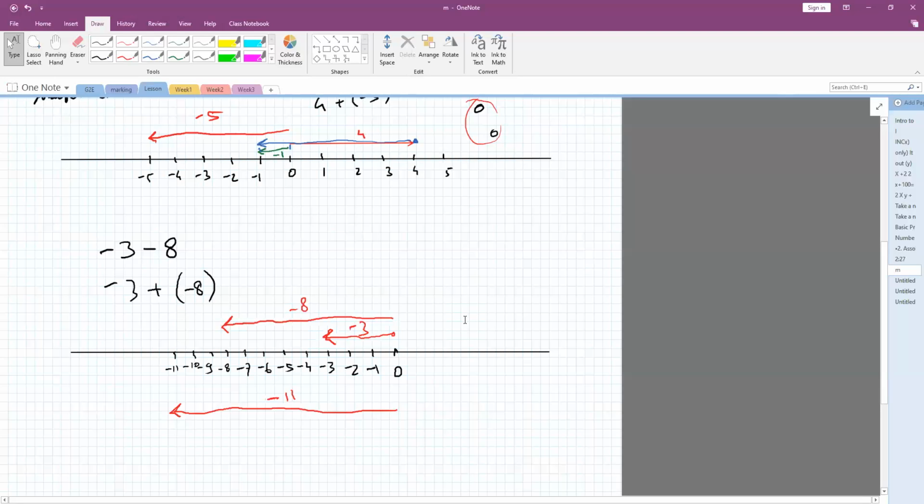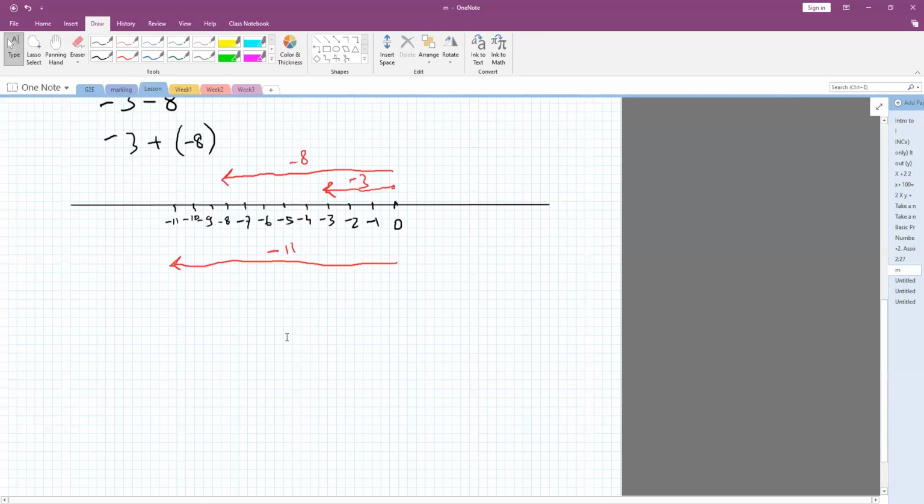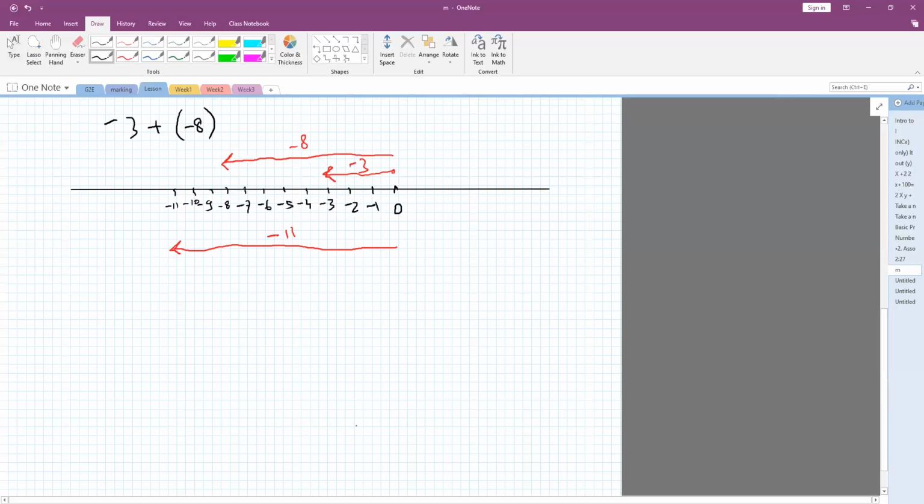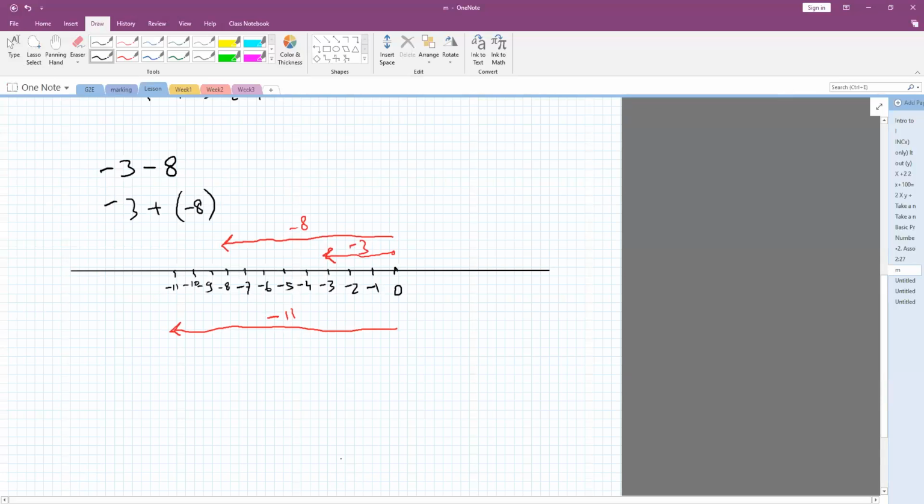But later on, when you already practice a lot of this question which involve negative numbers, you don't have to draw number line like this, okay? So this is very important because I find many students, especially young students, when they learn about the operation with negative numbers, sometimes in the beginning they got confused. Now let's do the second one.